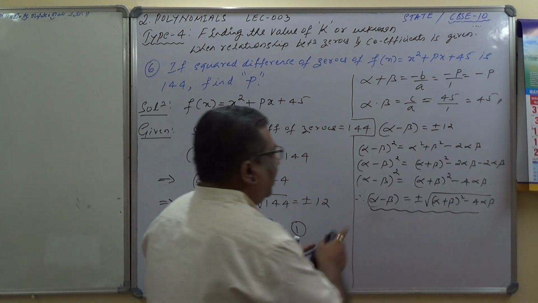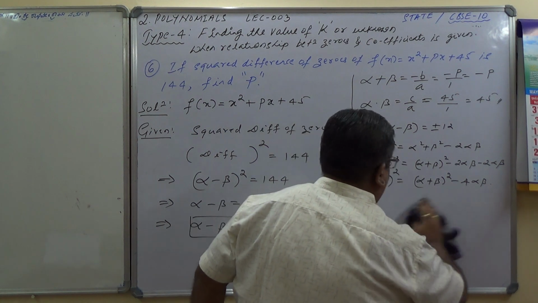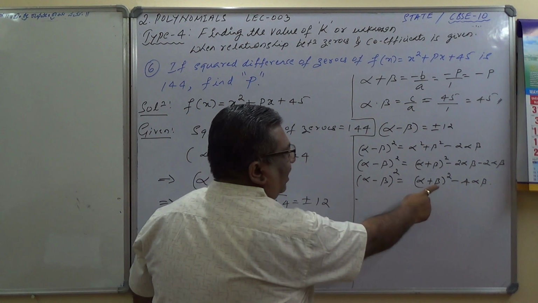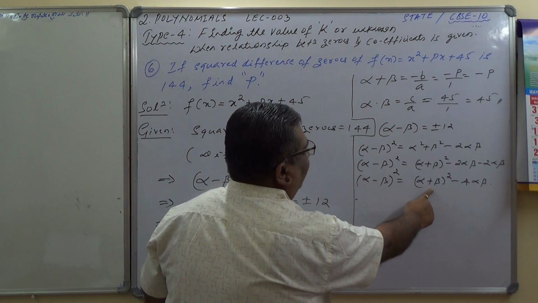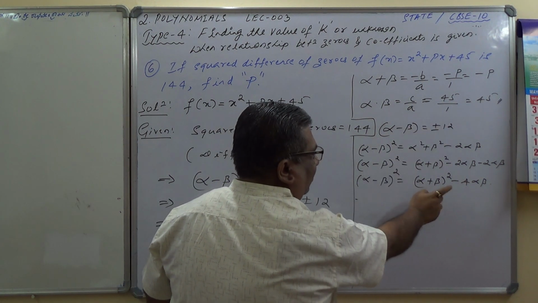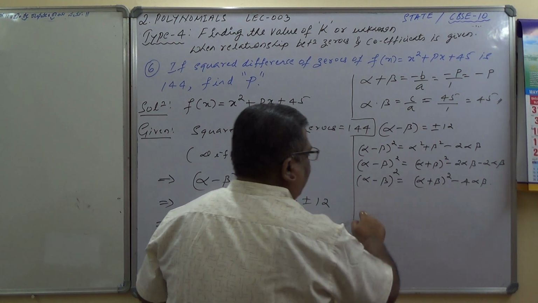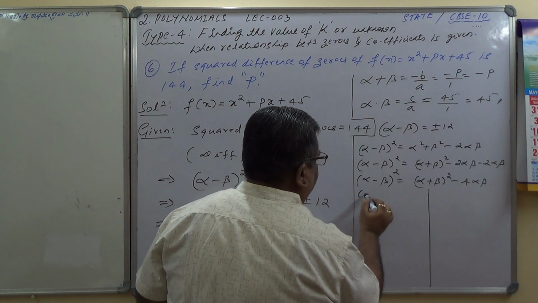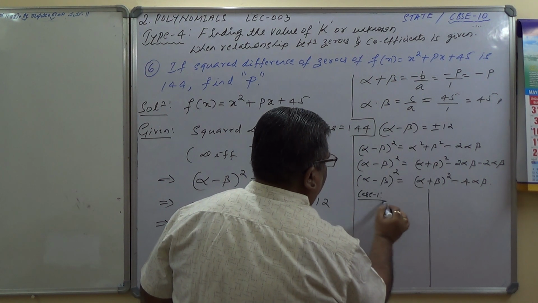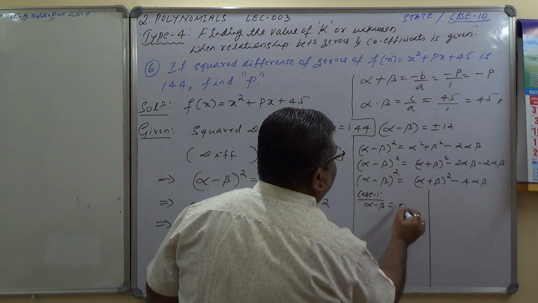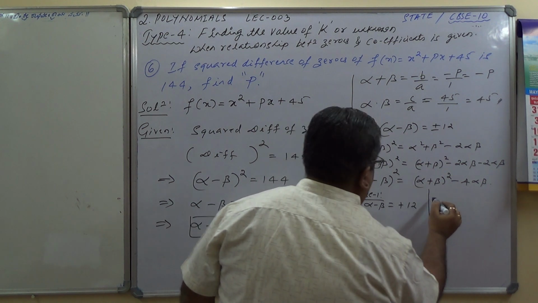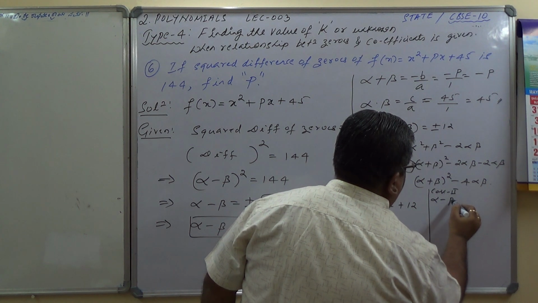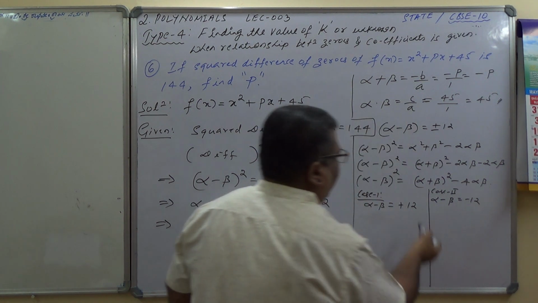Now I know the value of alpha minus beta, and I know alpha plus beta, because alpha plus beta is minus p. So there are two cases. Case 1, alpha minus beta equals plus 12, and case 2, alpha minus beta equals minus 12. There are two values here.